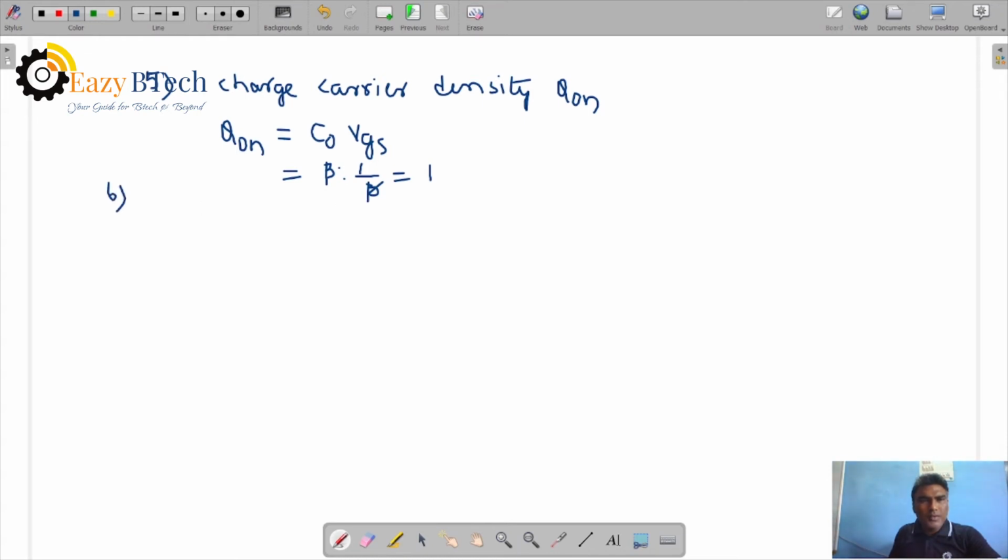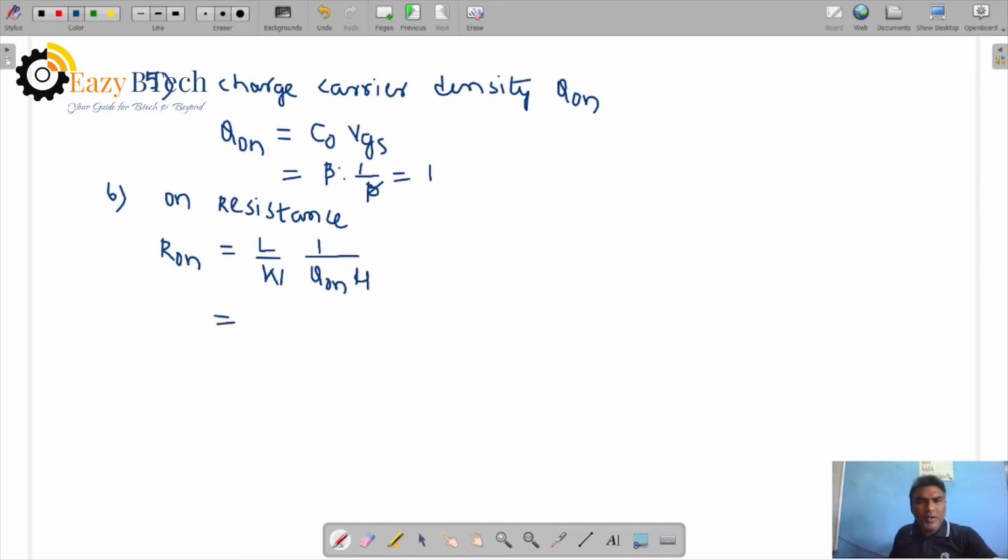Now the sixth one, on resistance. On resistance R on is equal to L by W, and 1 by Q on into the mobility of charge carriers.